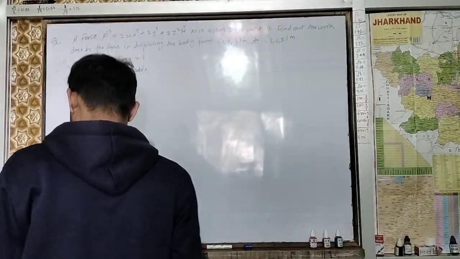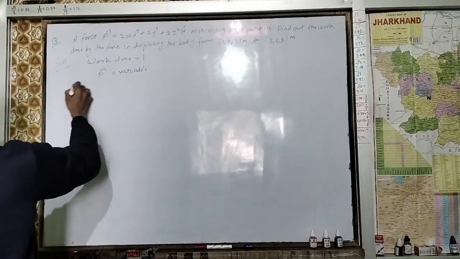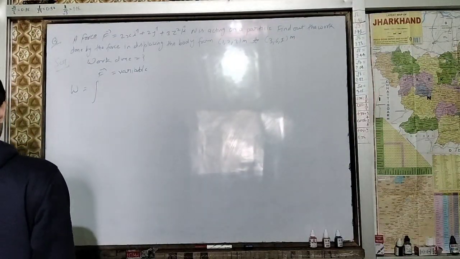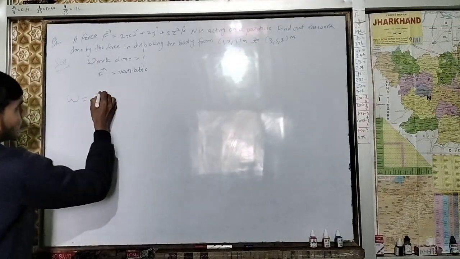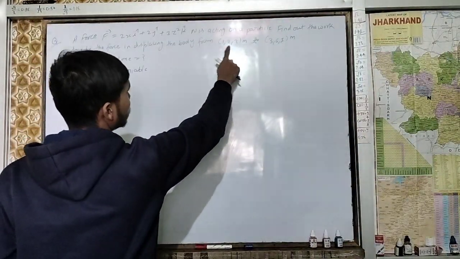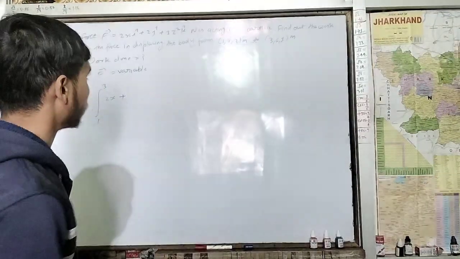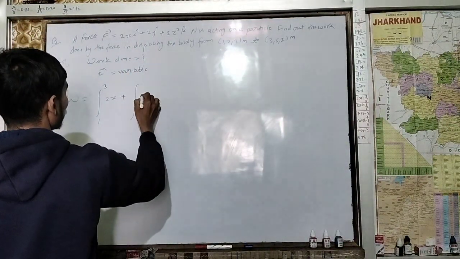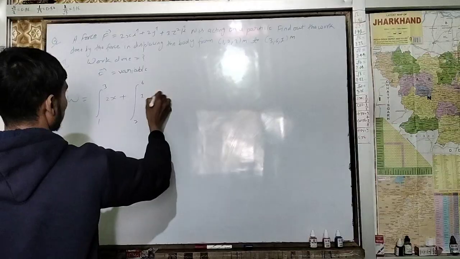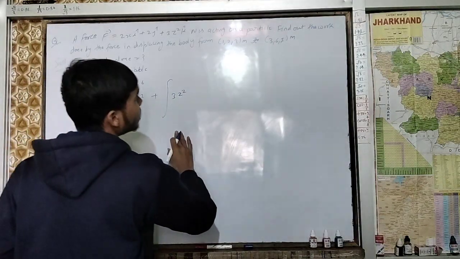So your work will be the integration of the first term 2x, with limits 1 to 3, then plus the integration of the second term 2, with limits 2 to 6, then add the third term, the integration of 3z square, with limits 3 to 1.